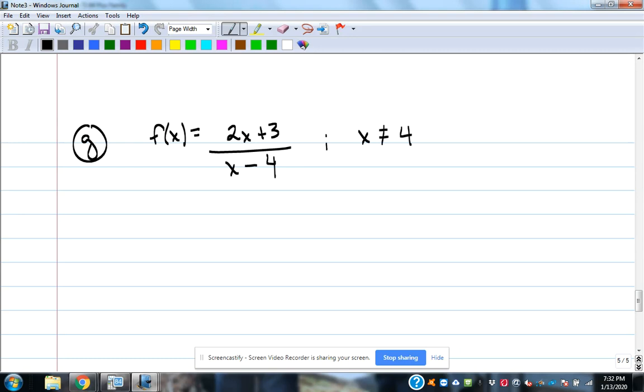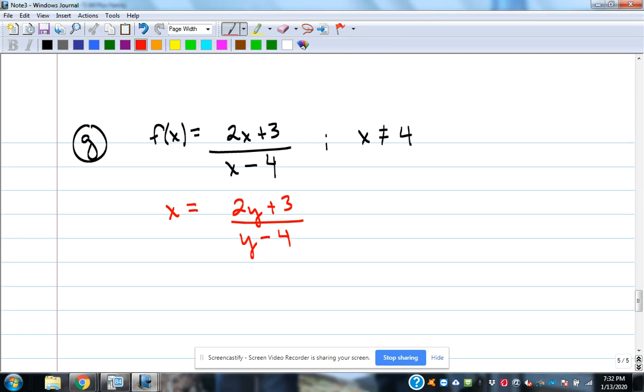This is a little bit more difficult because it has x's in the numerator and the denominator. So when you swap x and y, you're swapping both of those. So it's going to be x equals (2y plus 3) over (y minus 4). Which makes this a little more difficult to solve because now you have y in two different places.